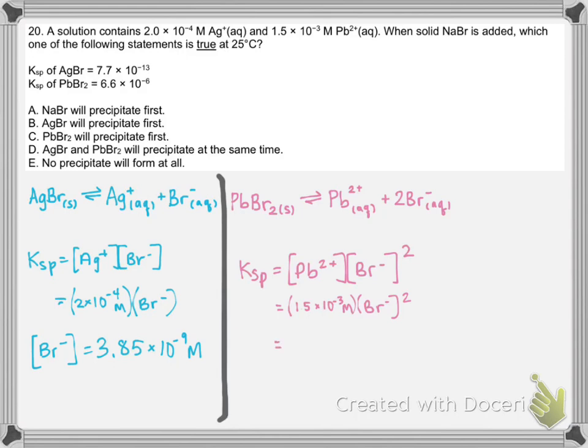And we get that our bromide ion concentration is 6.63 times 10 to the minus 2 molar. So we would have to add a lot less bromide, like 10 million times less bromide, to form silver bromide solid than we would have to add to form lead bromide solid. And so the AgBr is going to precipitate first.